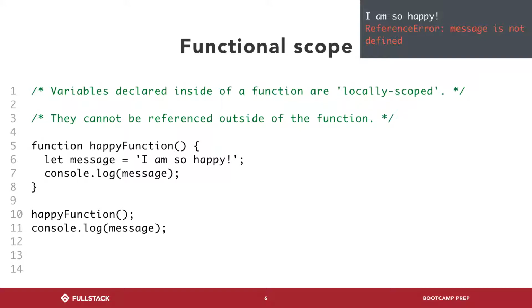The reason why I use a family and money analogy is that in JavaScript at least, a lot of the relationships are thought of as a family. So if I'm happy function, I have access to my scope and I have access to my parent scope and my parent's parent scope, and I basically have access to every scope that I'm, quote unquote, a part of until I reach the global scope, right?